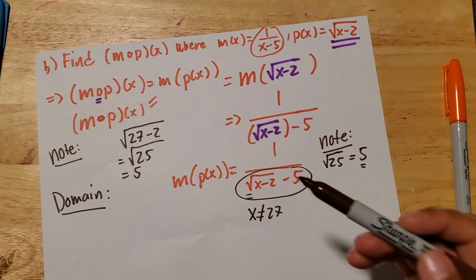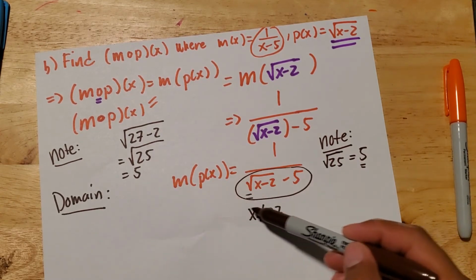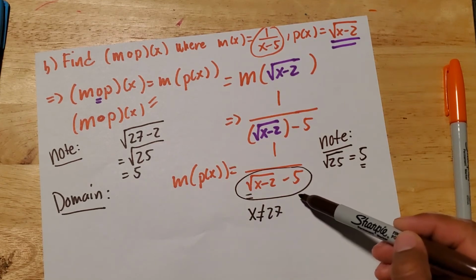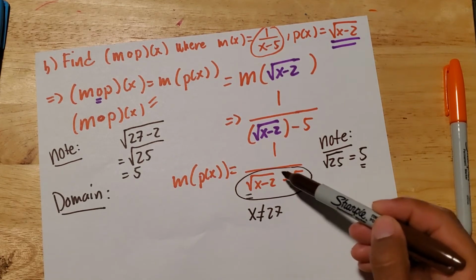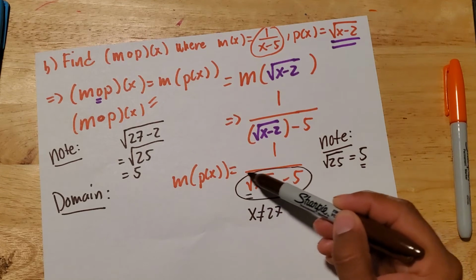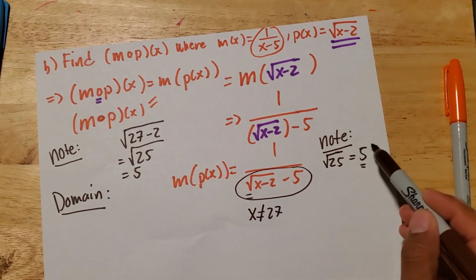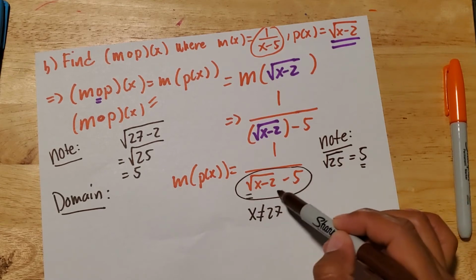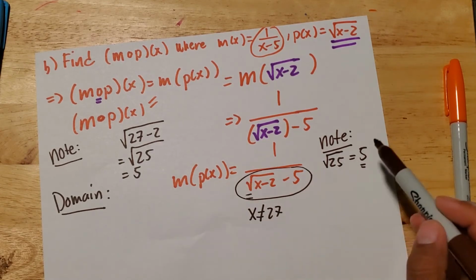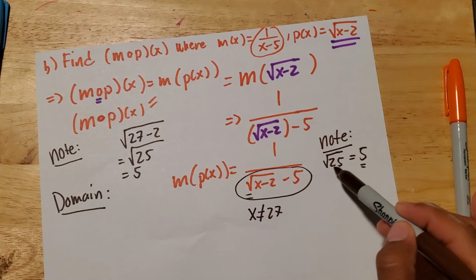But again, you want to step back and think. Same as this, I don't want my denominator to be 0. So that means if the square root here gives me a 5, that's going to make 0, and I don't want that. The only way for this to become 5 is if it becomes the square root of 25.